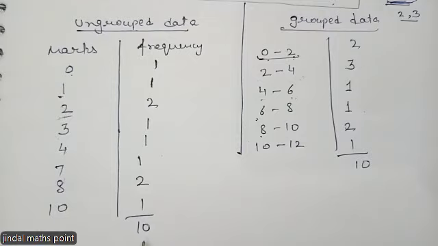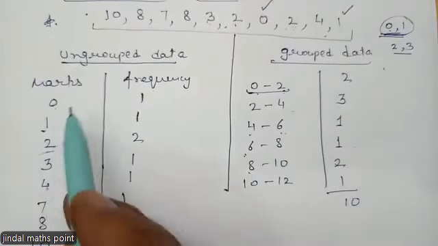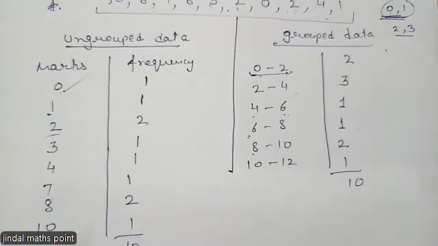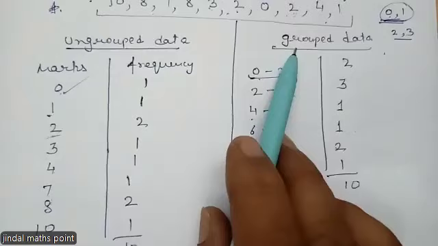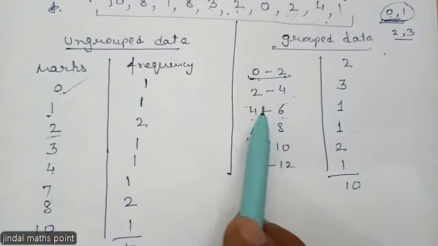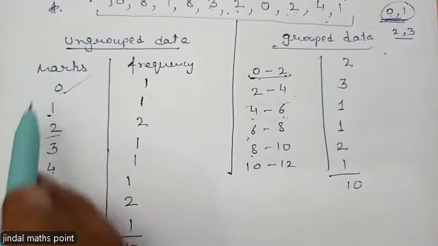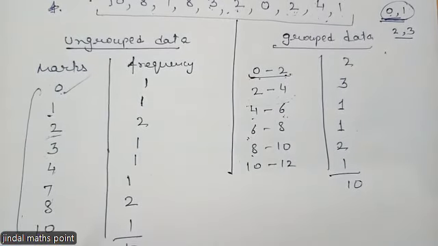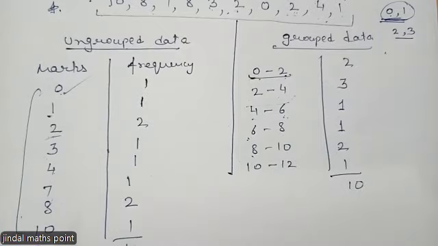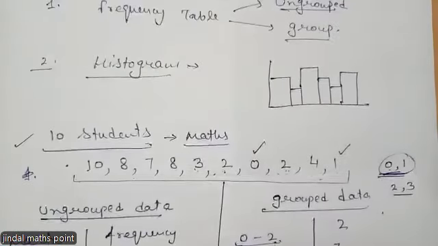And so on. This is our grouped and ungrouped data. Here we make a group 2 to 4, 4 to 6, but there only single values are considered. Okay? Understood?